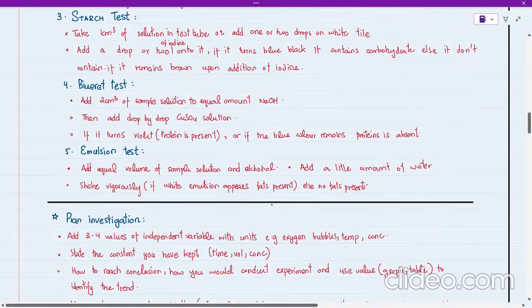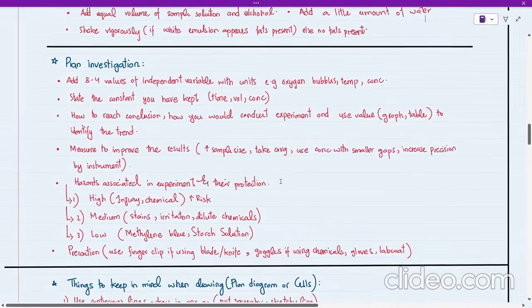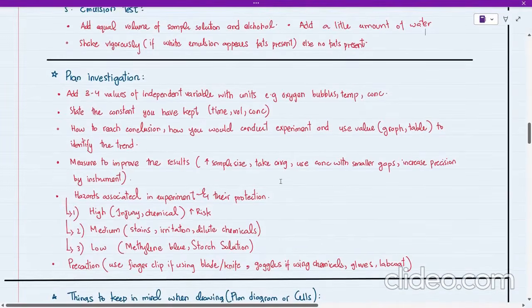Now let's come to the plan investigation question, that is, how you have to write the plan investigation question. Most of you will be confused about what the plan investigation is. It is the question that mentions that this whole experiment has now been performed. Describe any modifications that you could perform.